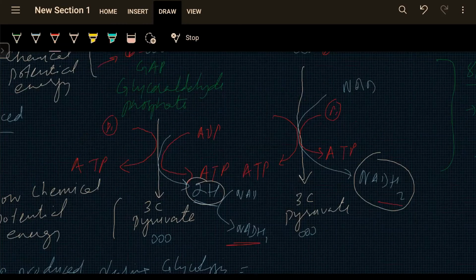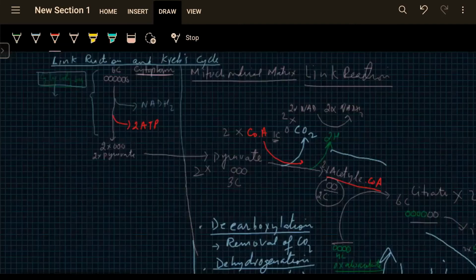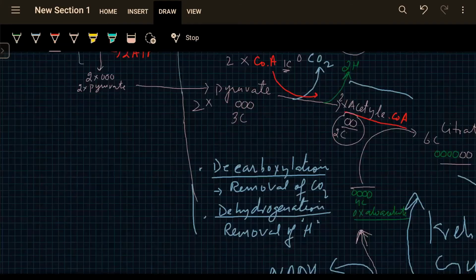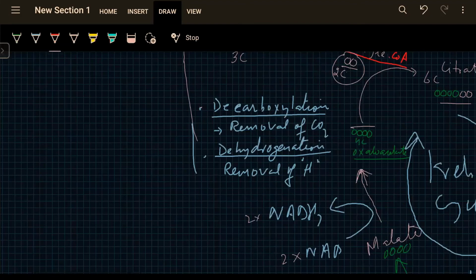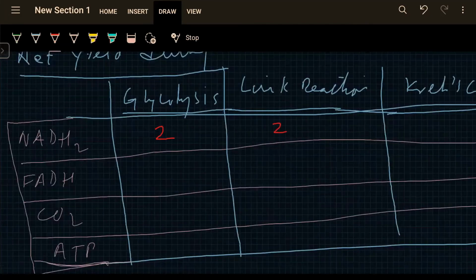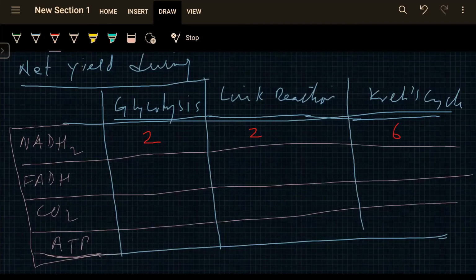And as I said earlier, when we discussed glycolysis, we talked about two NADH2 being made during this step. Got that? So there are two NADH2 made during glycolysis. There are two NADH2 made during link reaction. There are 6 NADH2 made during Krebs cycle.